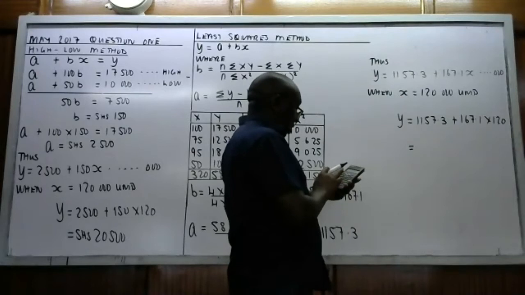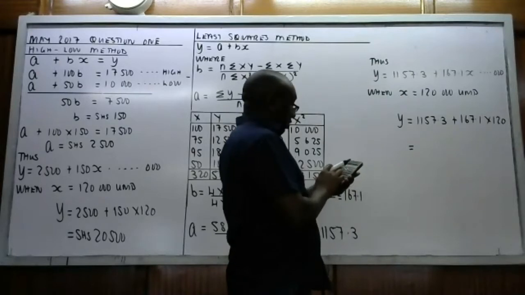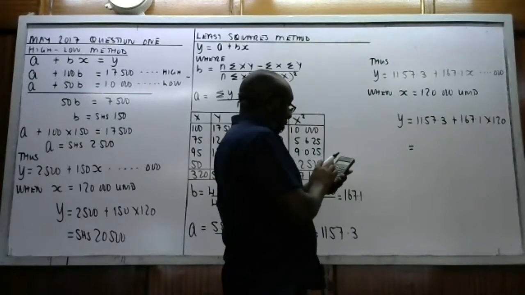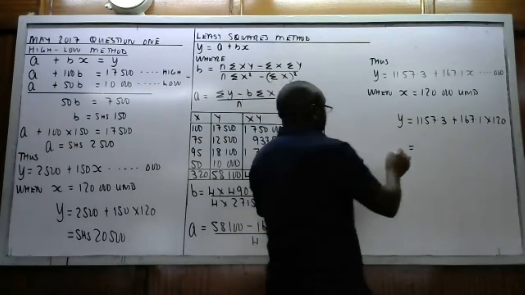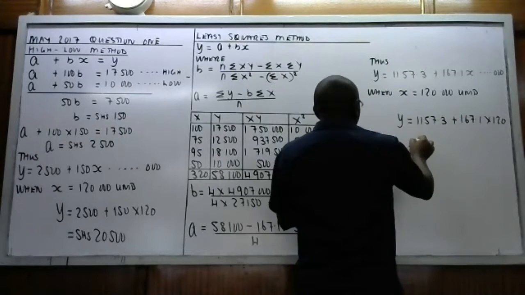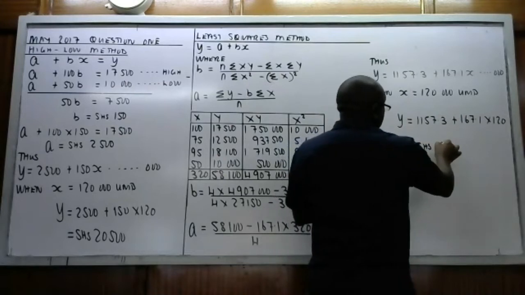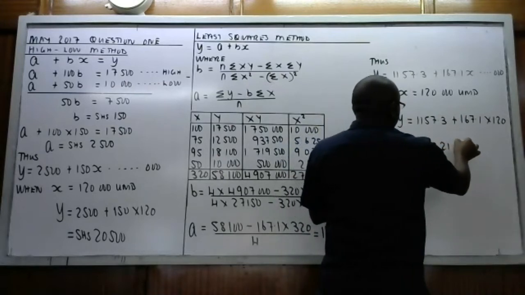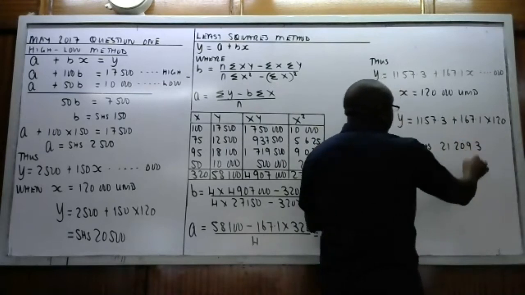So 1157.3 plus 167.1 times 120 is shillings 21,209.3.